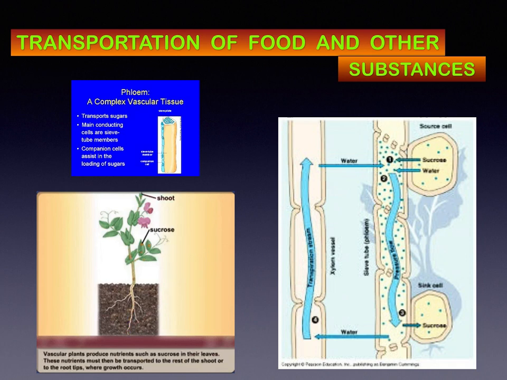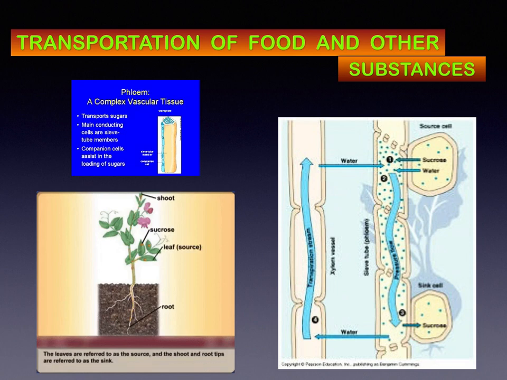As a result, water enters the cell by the process of diffusion. The pressure on the cell wall increases due to the increase in cellular contents. Due to the increased pressure, food is pushed into the neighboring cells where the pressure is low. This process helps the phloem to transport the materials as per the need of the plant.